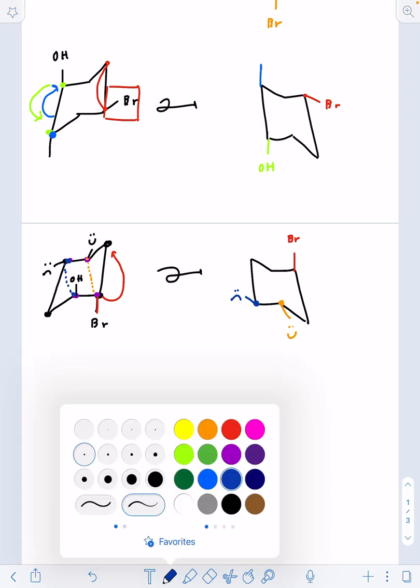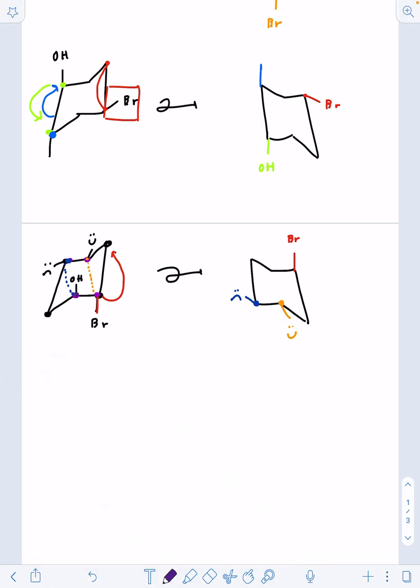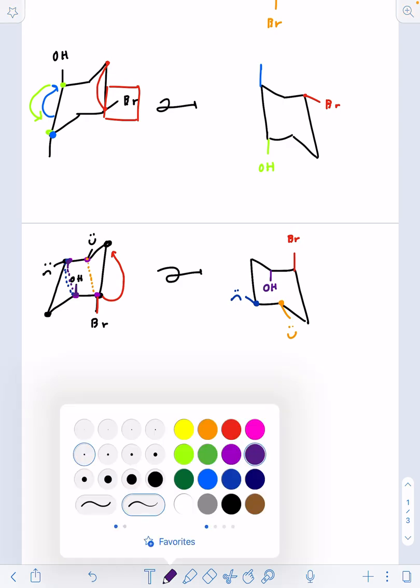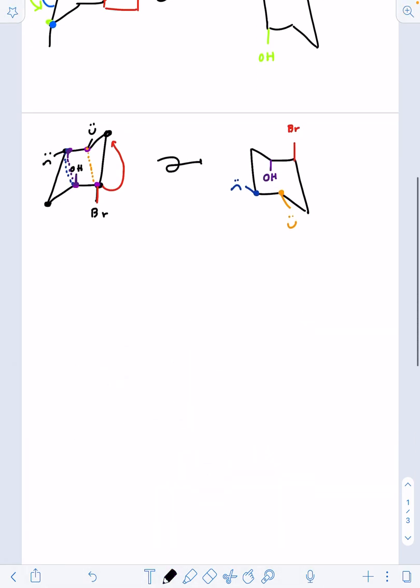Now we have the OH one. This is up axial, so now it needs to be down axial, the top left. Ta-da! We'll do a couple more. And for these, try to work them out faster than me. So I'm going to put one here, here, and one here.